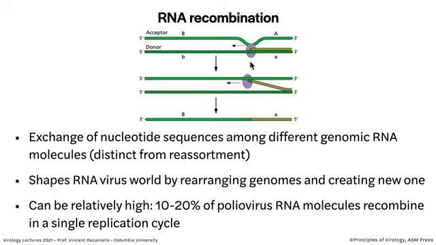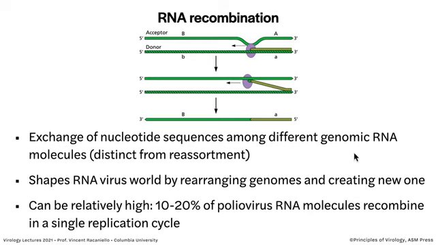These are typically two of the same kind of virus infecting a cell, but if they have different nucleotide sequences, which every RNA does, as you will see, then you can distinguish the recombination. This recombination has rearranged RNA genomes, created new ones. So it has shaped the RNA virus world for sure.